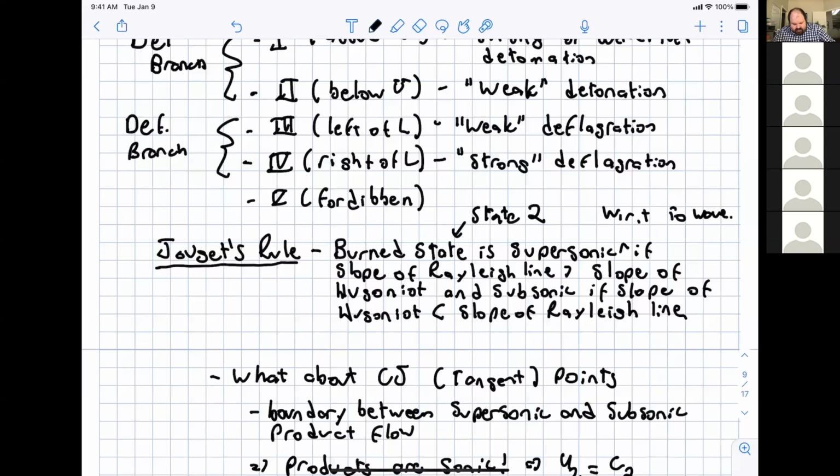And the opposite is true if the slope of the Hugoniot is less than the slope of the Rayleigh line.